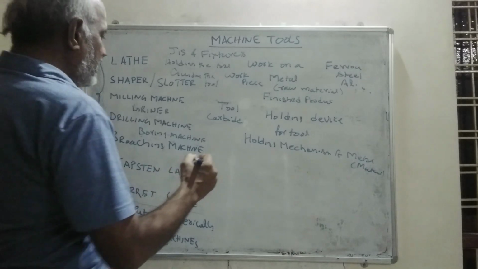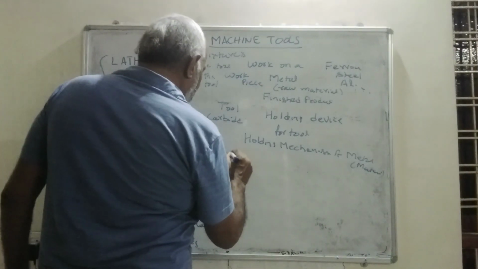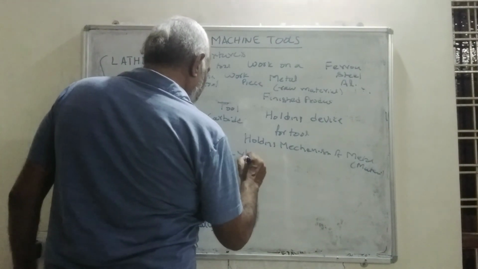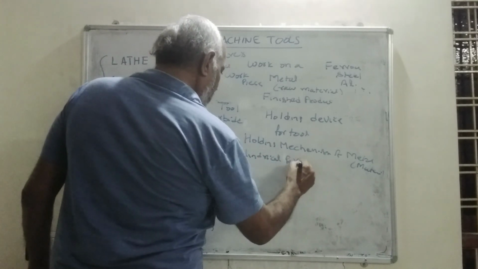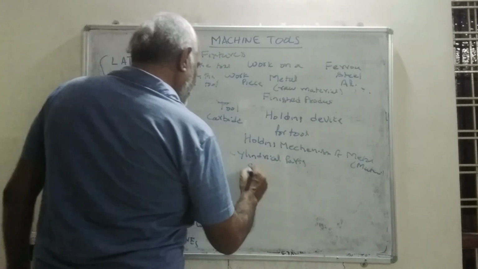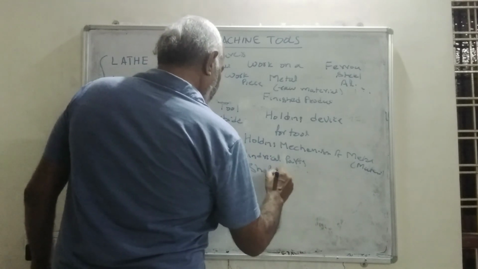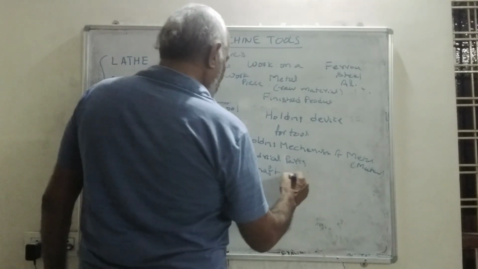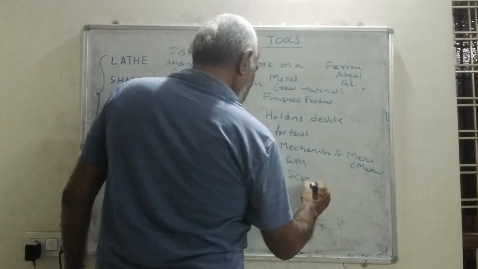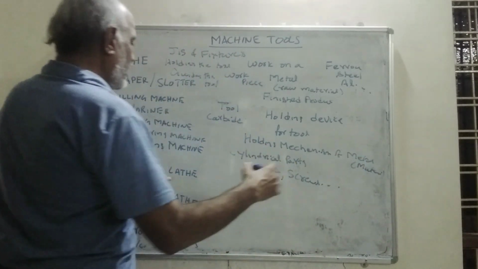these lathe machines will manufacture cylindrical parts. That means shafts are easily manufactured, and screws, things like that. Shafts, screws, and cylindrical parts.